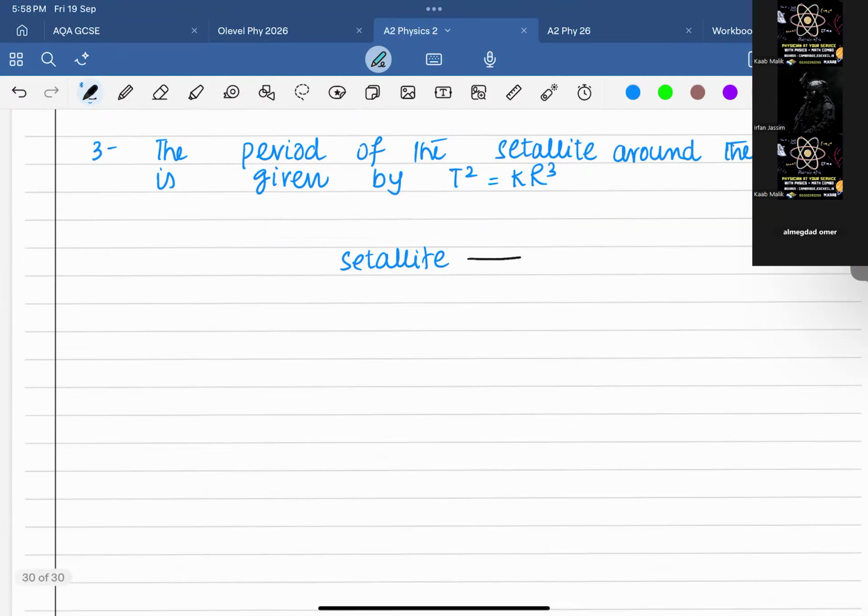It can either be artificial, or it can be natural.